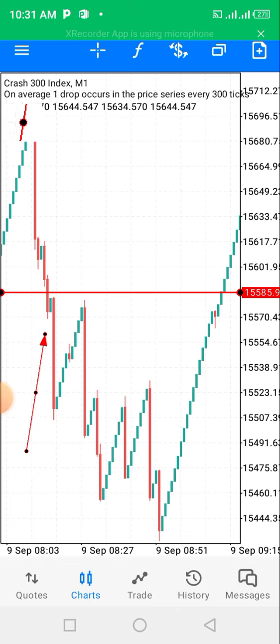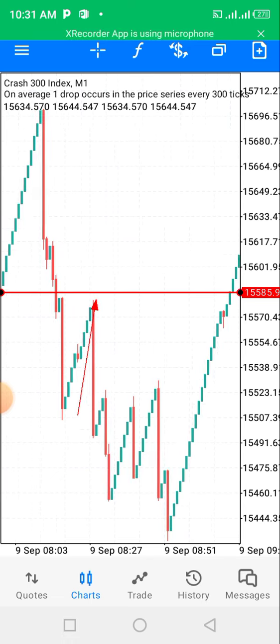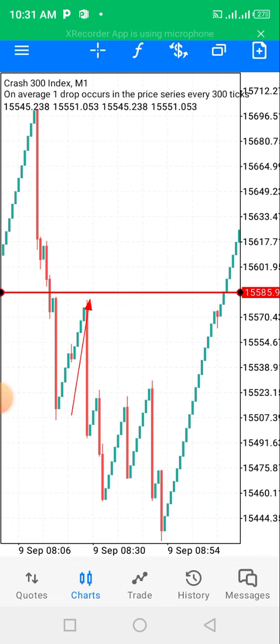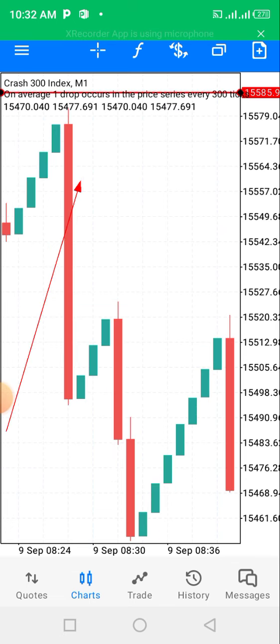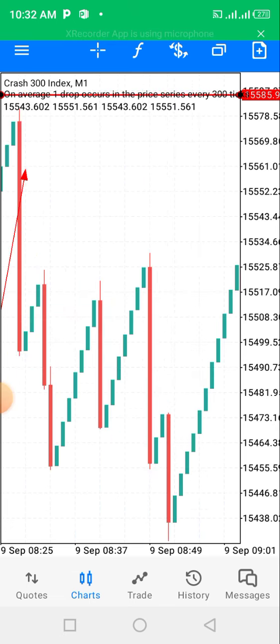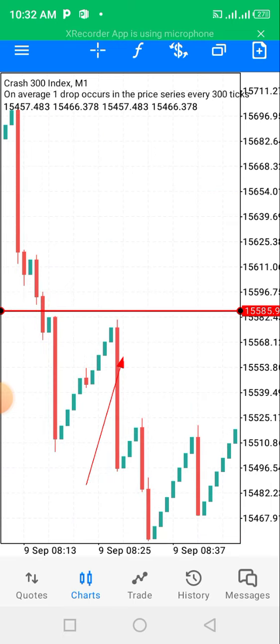As you can see, the market got up to this level, and there was a spike, and the market came up to this level again, and there was another spike here. Okay guys, so what you should be expecting at this level now is, you're expecting this market to get up to this level again, so you can actually have another spike here.